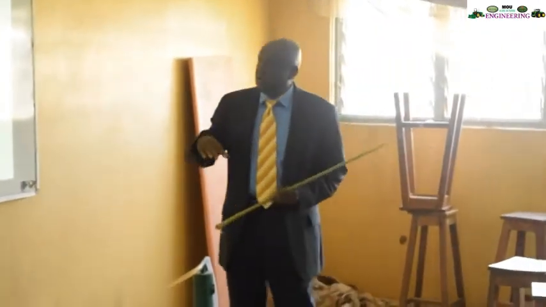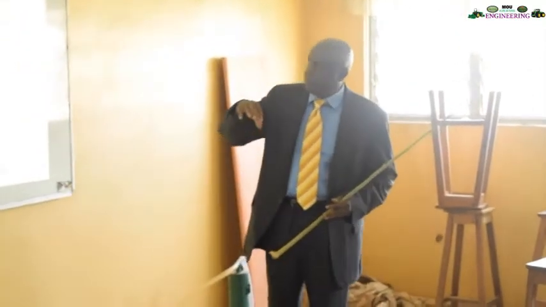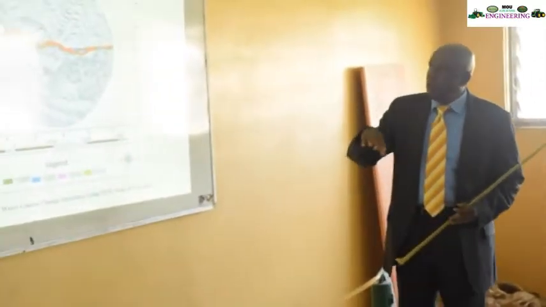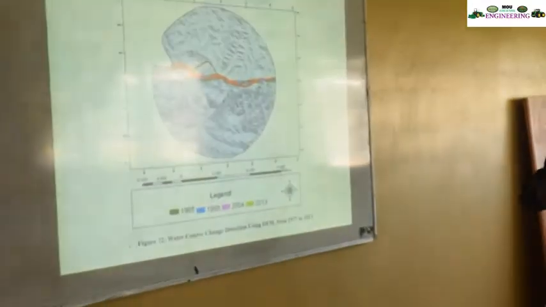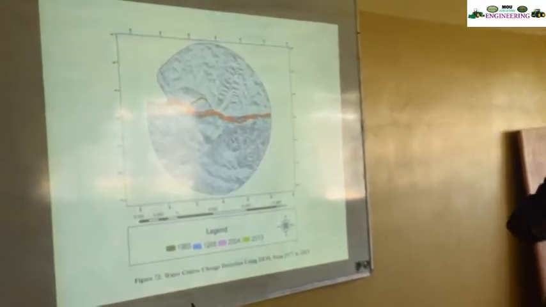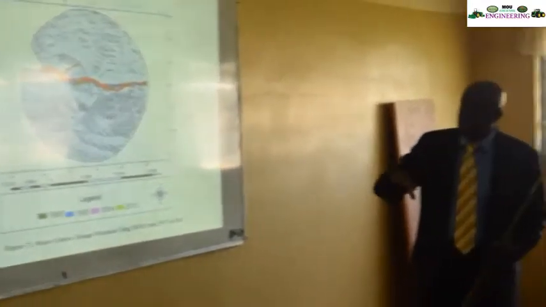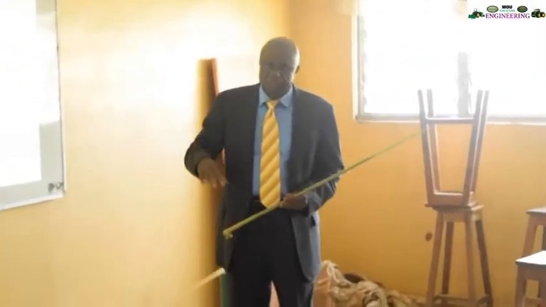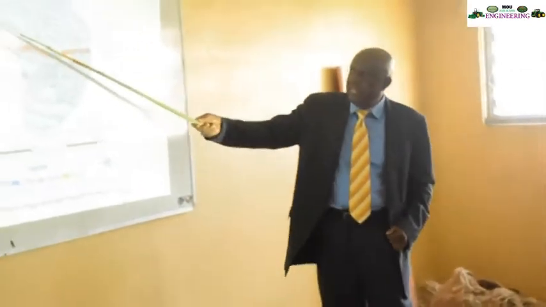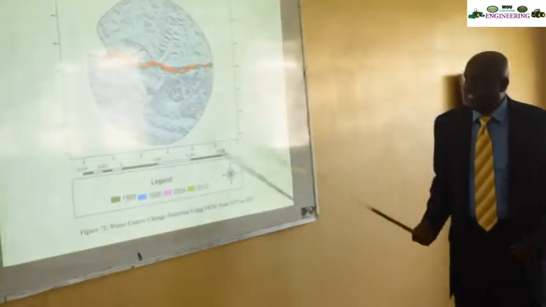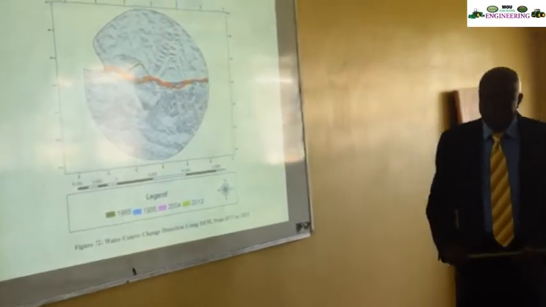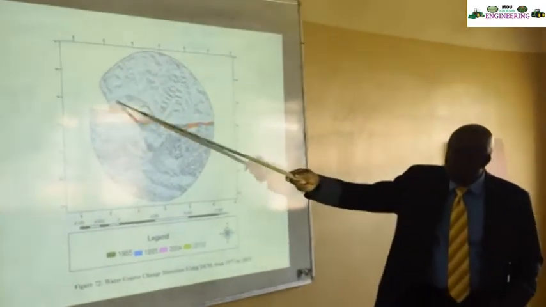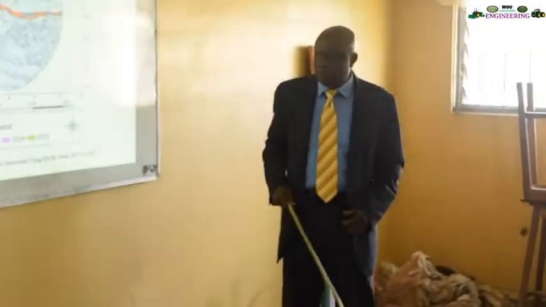And when you slow down the flow, you are encouraging deposits of sediments. When flow is slowed down and becomes stagnant, there are so many deposited mineral salts. No wonder in this area, when we took the soil sample for analysis, we discovered that it was so toxic and unsuitable for rice production.